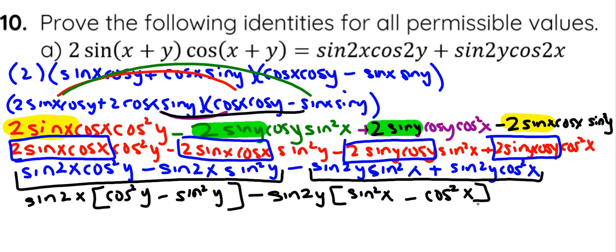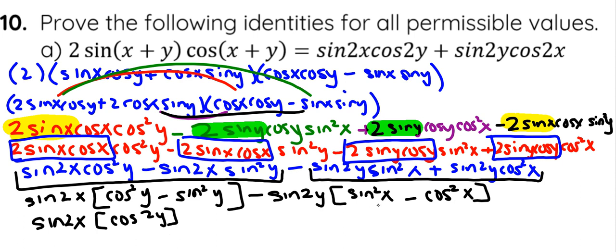Okay, so cos squared minus sine squared is one of the double angle identities for cosine. So if I look at cos 2a, that's cos squared minus sine squared. So this is really sine of 2x times the cos double angle identity, which is cosine of 2y.